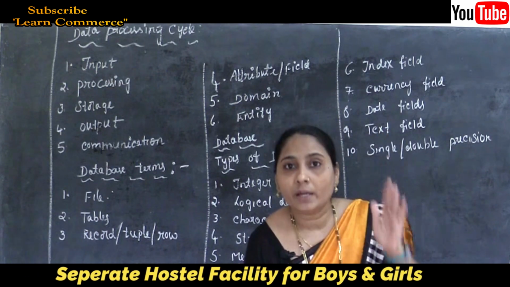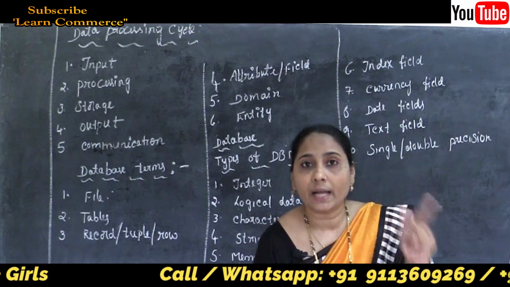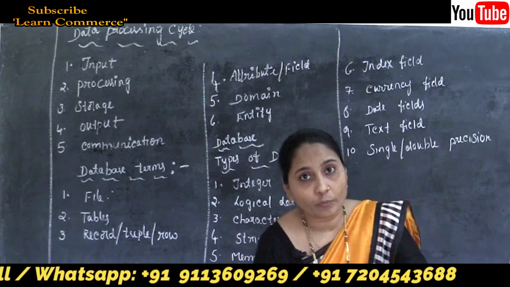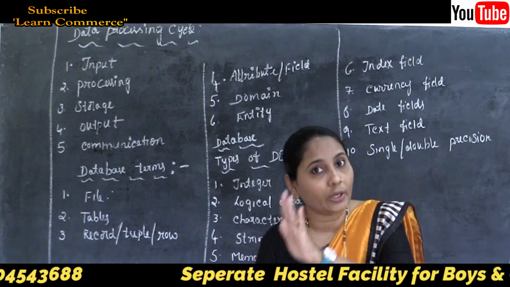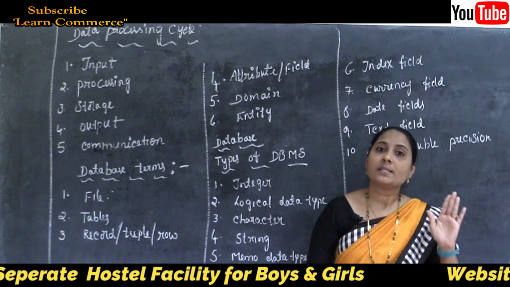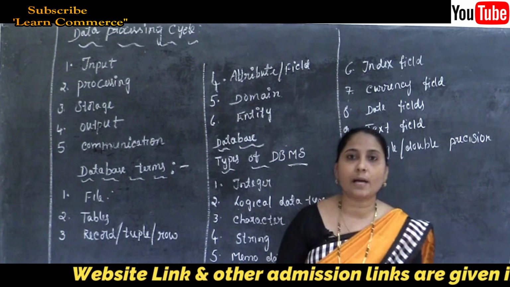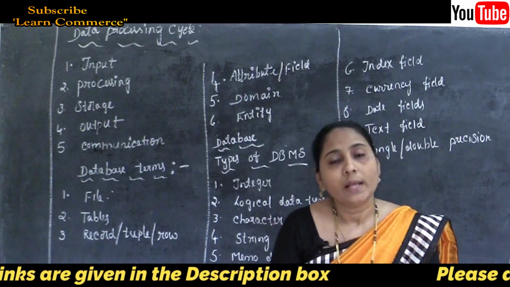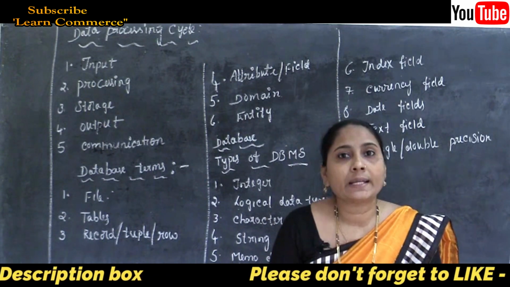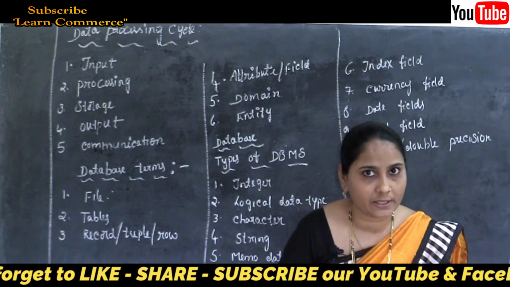So the simple meaning of processing is that the data is converted into information by our central processing unit. As one example, when the computer adds 4 plus 4 that is equal to 8, that is an example or act of processing. Clear this point here?